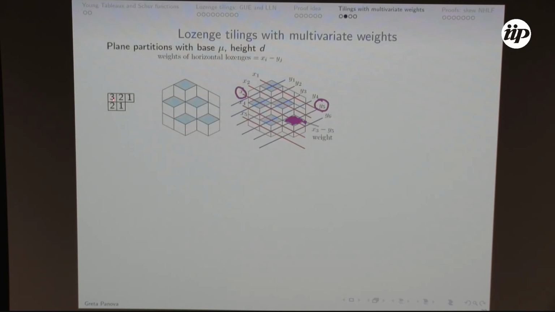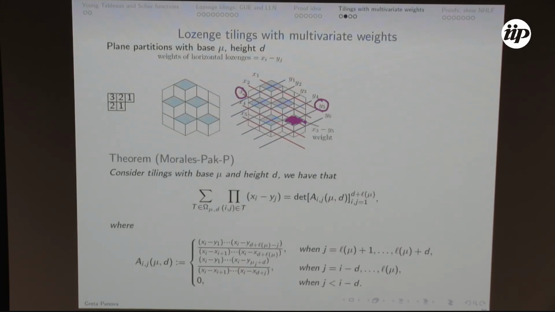And these numbers here are weakly decreasing along rows and columns, and they correspond to the heights of the horizontal lozenges, the blue lozenges, starting from the base of this three-dimensional configuration. And again, the weight depends on the position of the lozenge, and it's going to be x minus y5 in this case.